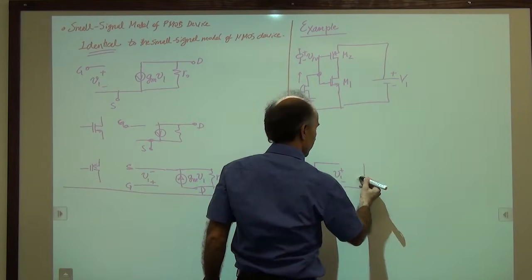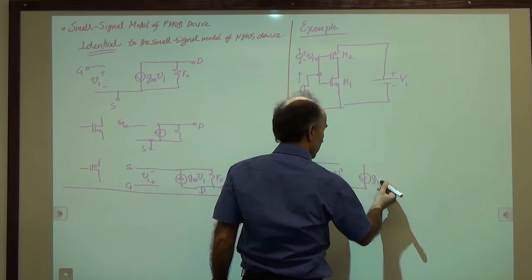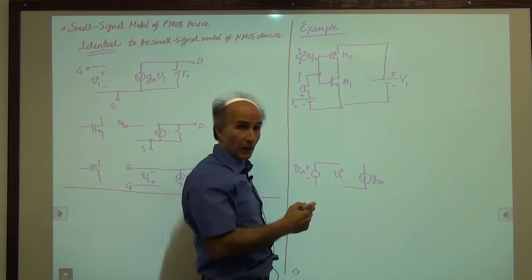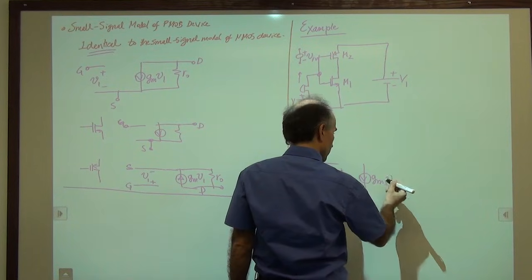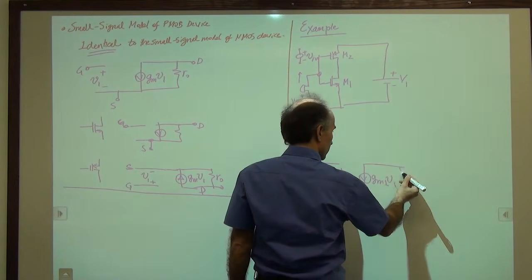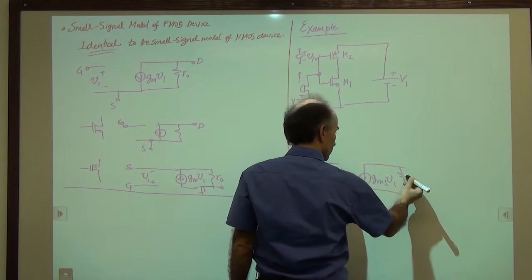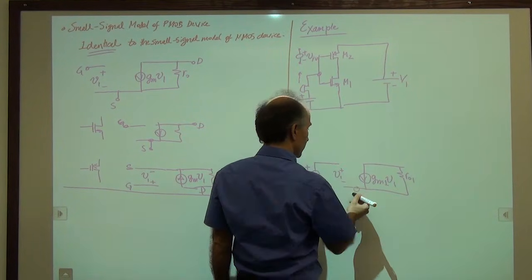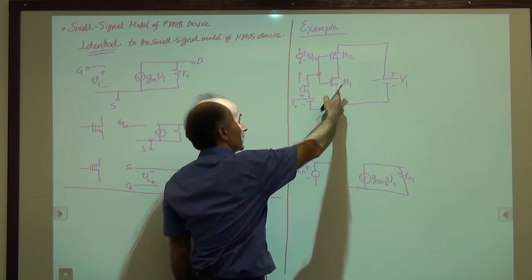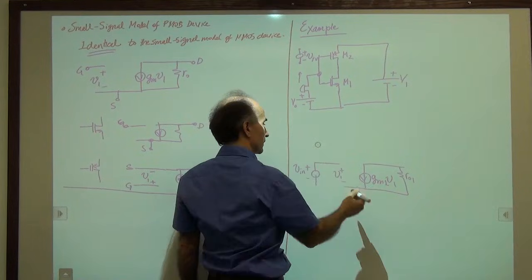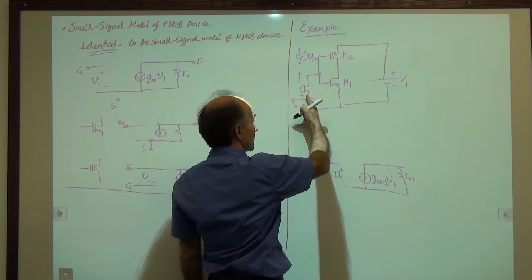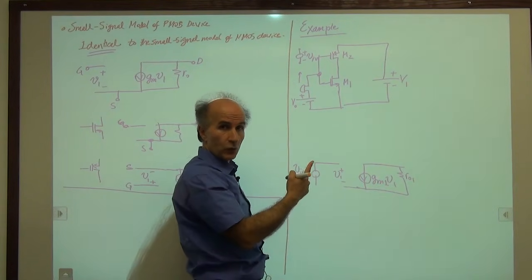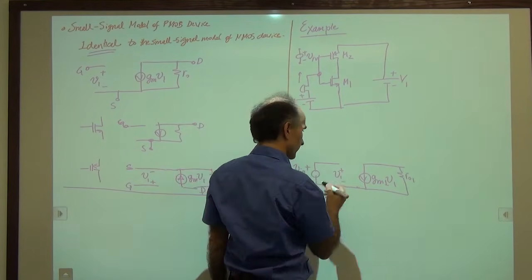And then we have GM. Now I have two devices. They may not have the same GM, so I'll call this GM1 V1. And then it may have a resistor, output resistance, so RO1. That is the model of M1. The source terminal goes to this general rail here, and it's actually connected to here because the battery was replaced by a short circuit. So that goes here.